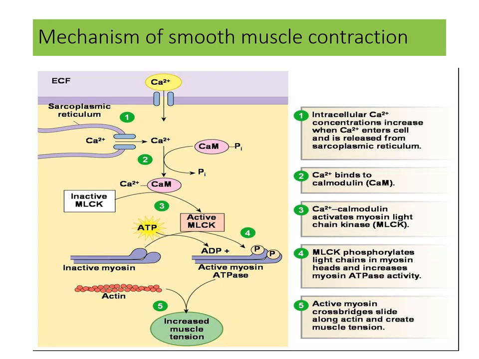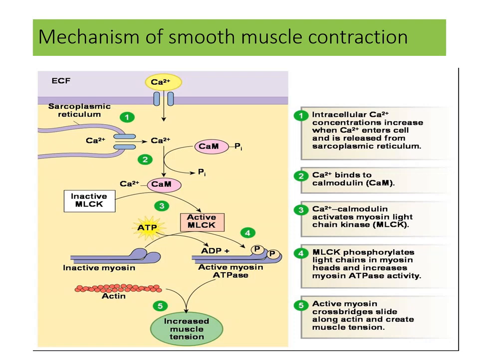This calcium binds with a protein known as calmodulin to form the calcium calmodulin complex. When the calcium calmodulin complex is formed, it will activate MLCK, that is myosin light chain kinase.